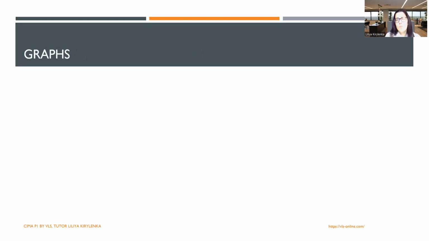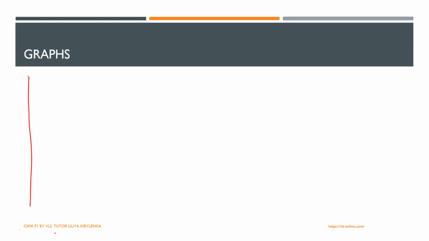And this is very important because you are going to be tested, because you're going to be asked what it means from the point of view of a graph. So you will have two types of graphs. One of the graphs is going to look like that.